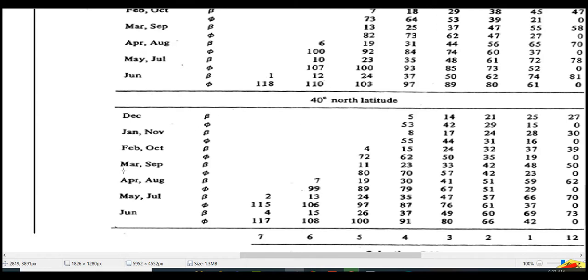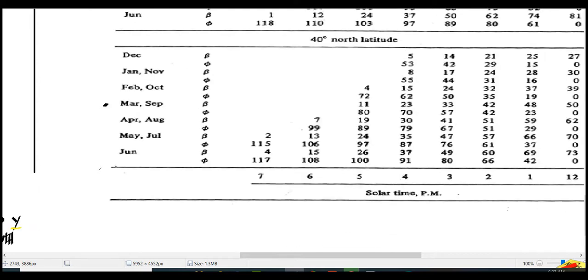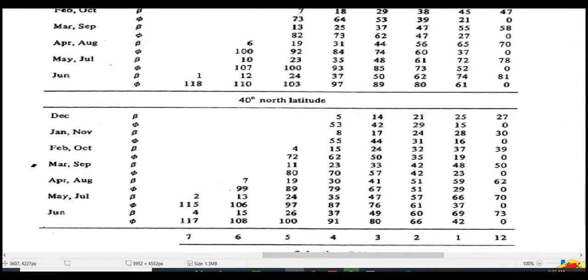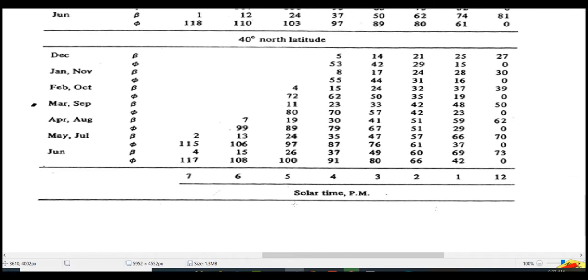Now we have March, so we have the properties for March. We have 40 degrees north latitude, that will be March and September, and we have the solar time. This is the peak, which is not actually the peak, but we look for the given time.